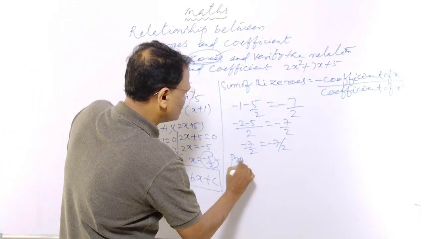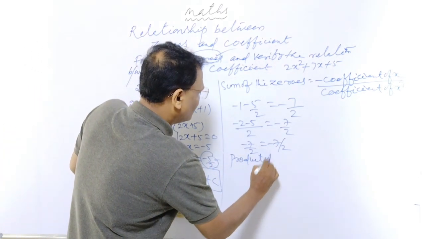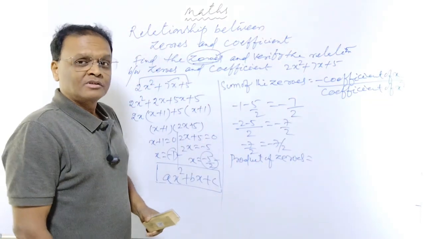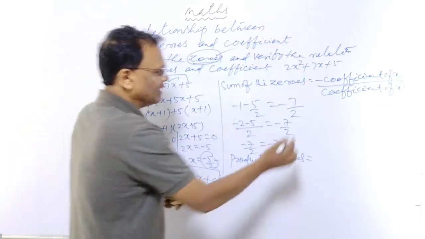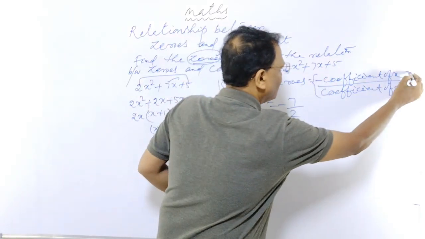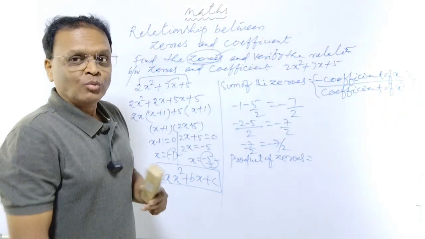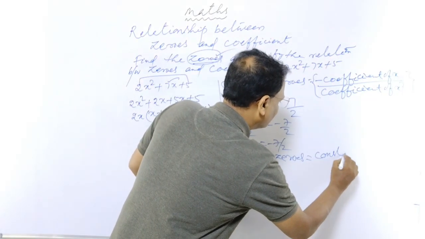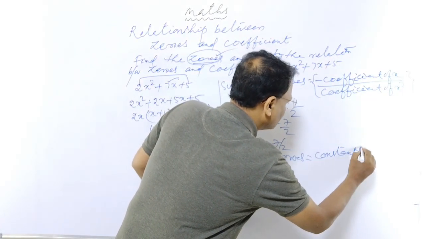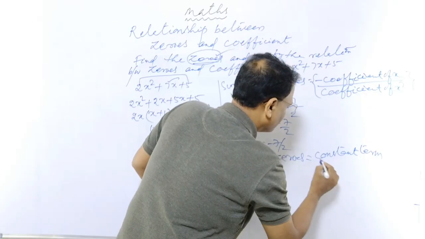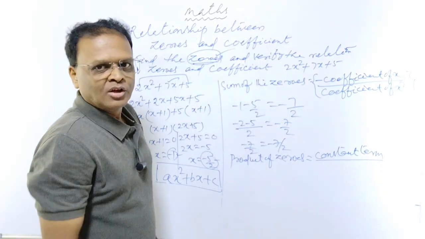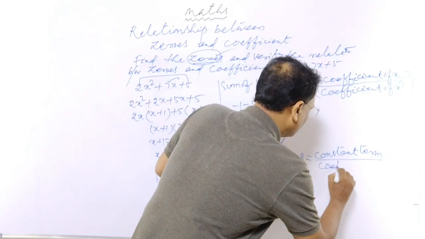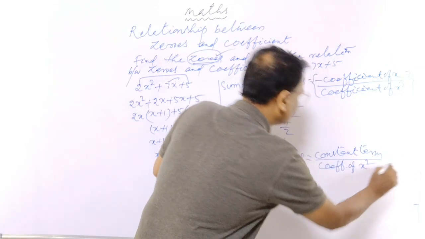Again of the same type, product of the zeros. This was the sum. Now the product of zeros. The product of the zeros is equal to, like this, the formula you have to remember. What is the formula? It's the constant term by the coefficient of x square.